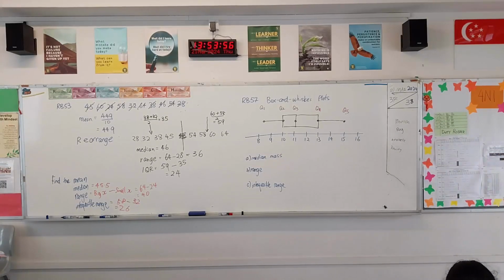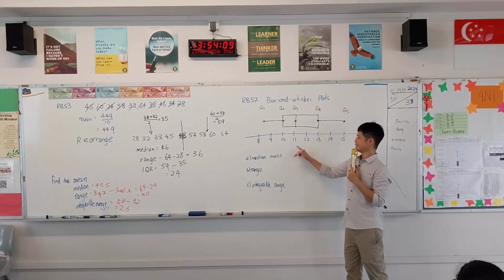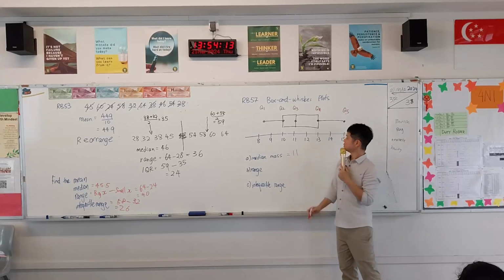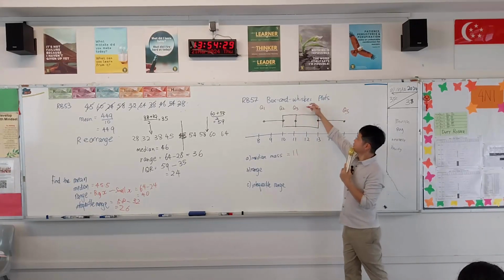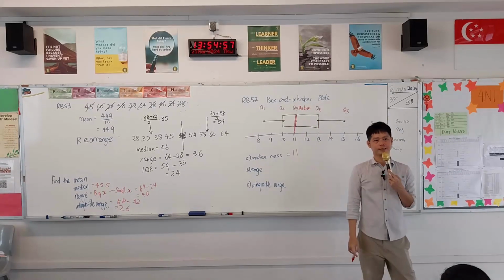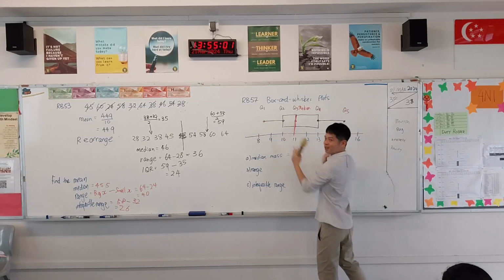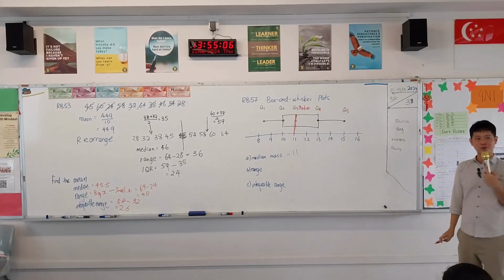Which number is the median number? Correct. Q3, right? The answer is? Q3, what? 11. Okay, so this is your median. This line is the median line. Not the median of this set, no, the median of the diagram.